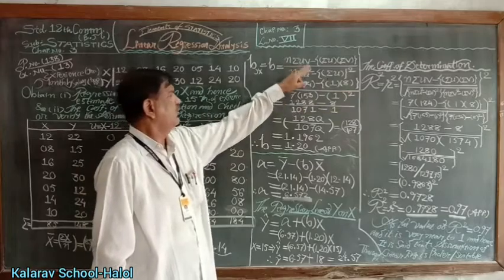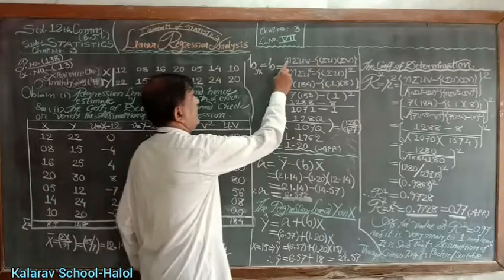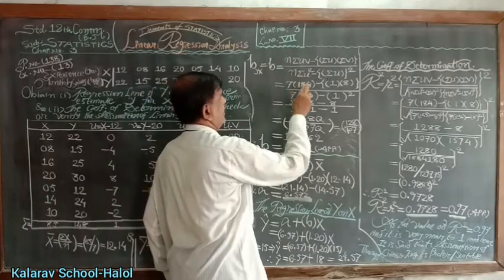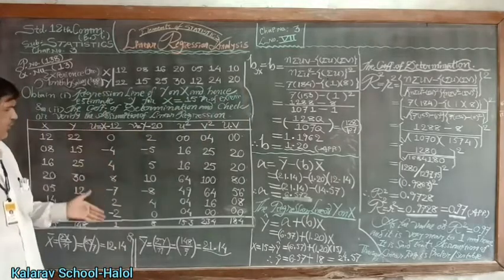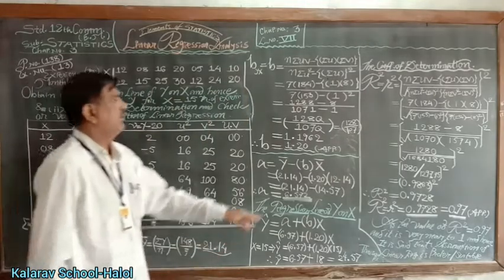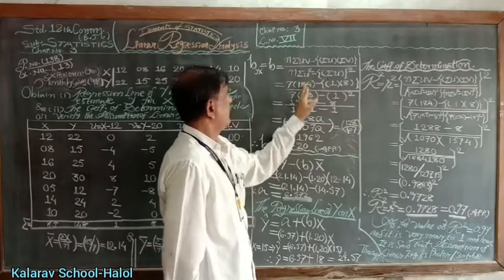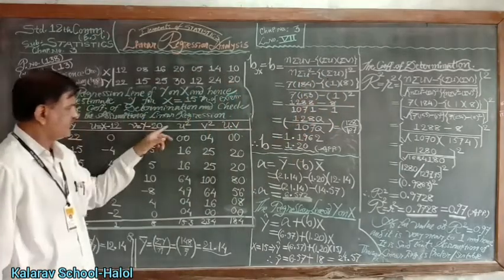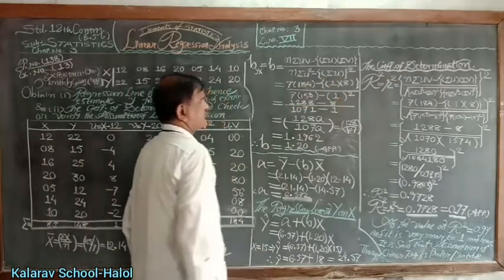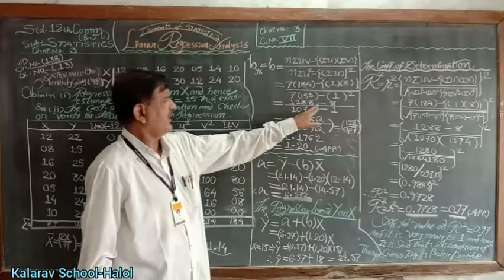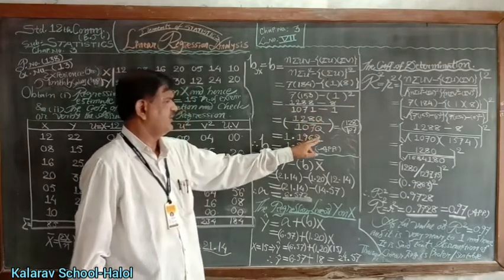Substitute the values: total of uv is 184, n is 7, sigma u and sigma v are 1 and 8, sigma u square total is 153, and sigma u is 1. So 1288 minus 8 is 1280, 1071 minus 1 is 1070.